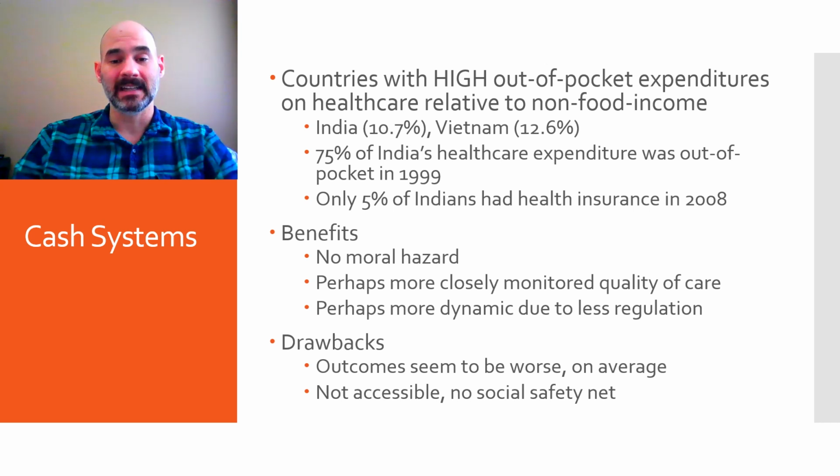In reality, though, there are some theoretical arguments to be made that quality could be higher due to people more closely monitoring it because they're paying for it with their own dollars. In reality, the quality actually seems to be worse and there is no accessibility. So it's hard to make the argument that a cash system would be something that we would want to pursue.